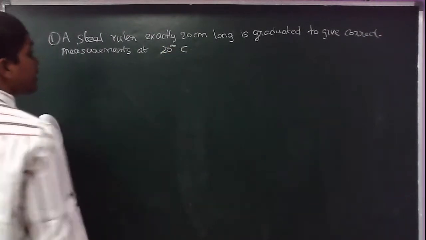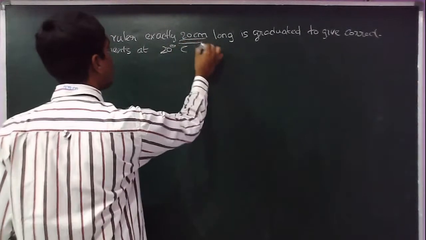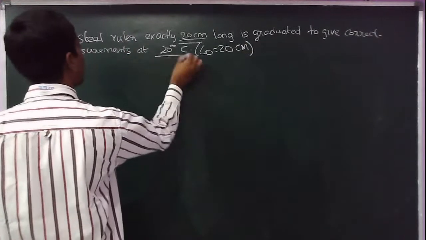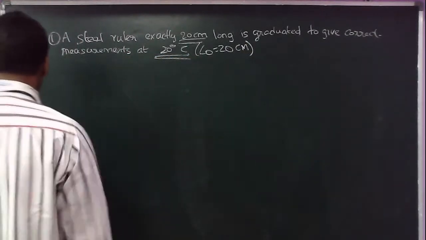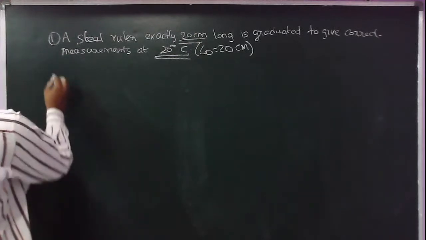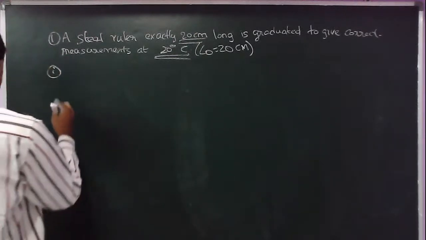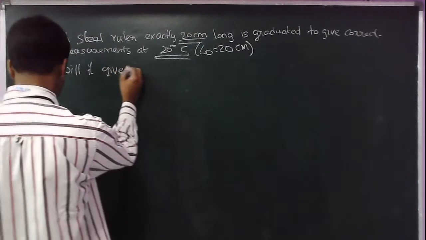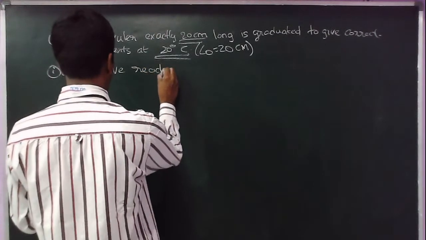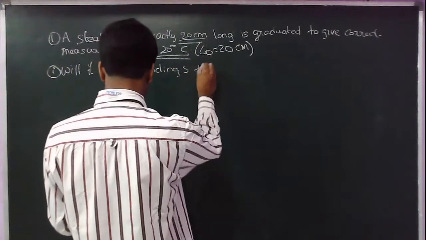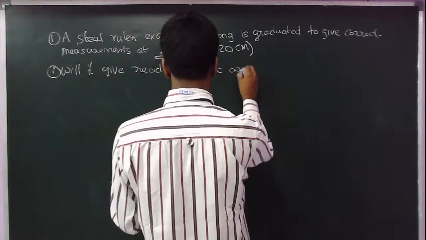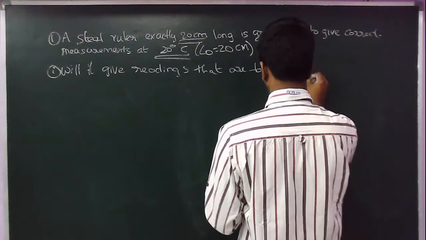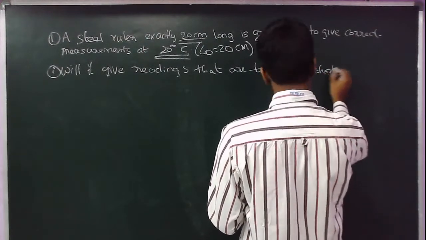So L naught is equal to 20 at temperature 20 degrees Celsius. Now they are asking, will it give readings that are too long or too short at lower temperatures?